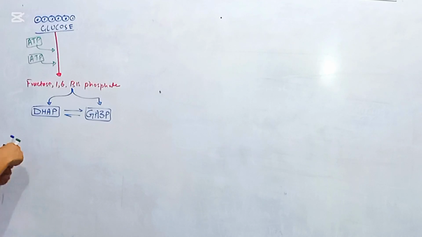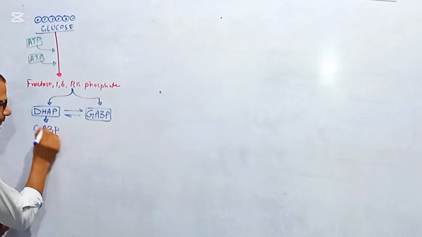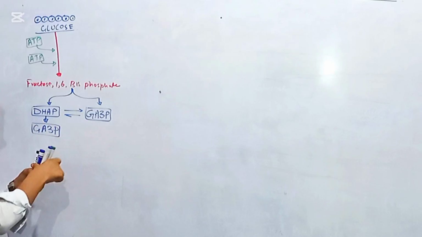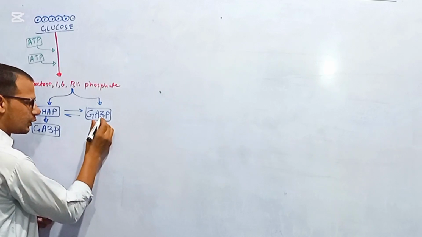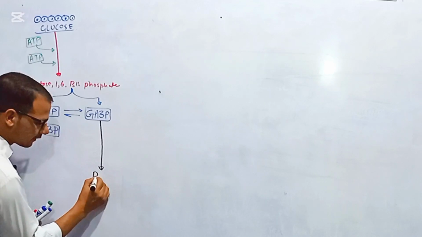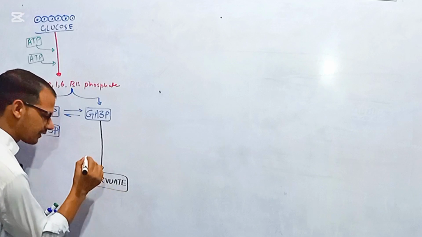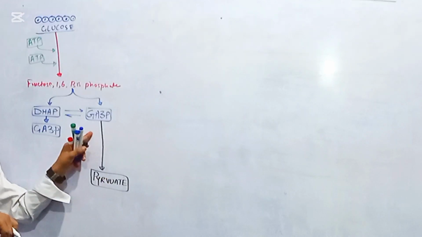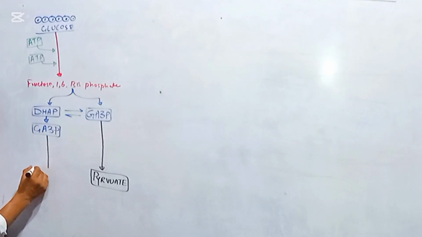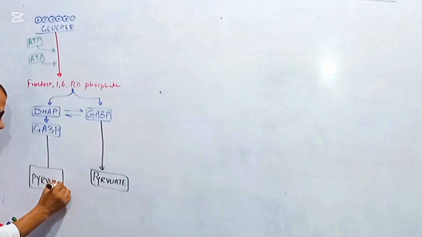Now this will convert into glyceraldehyde 3 phosphate, and after a series of reactions, it will convert into pyruvate, and the other will also convert into pyruvate.